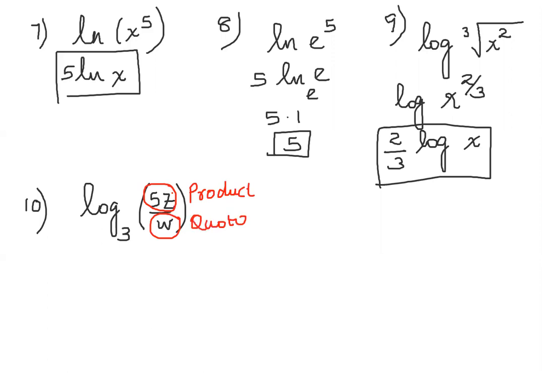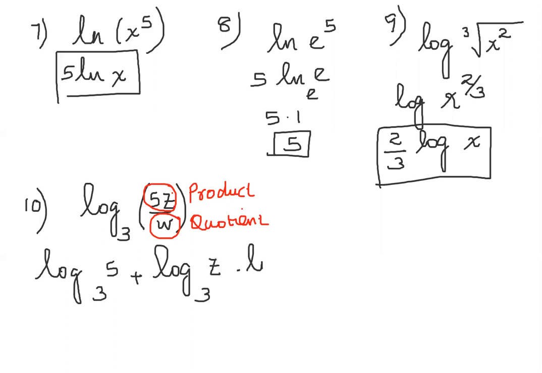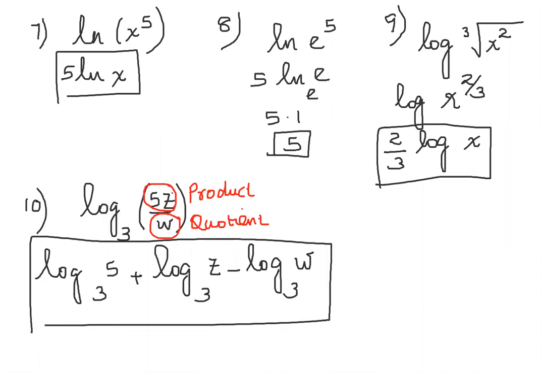So we are going to apply 2 different rules here. So how do we do it? So log of 5 to the base 3, that's the product rule. So we have to add log z to the base 3. And since it's a quotient, we have to subtract log w to the base 3. So that is the answer.